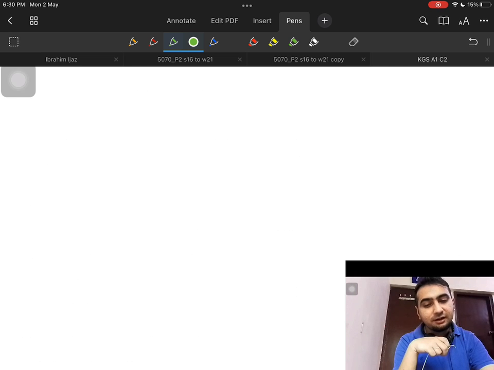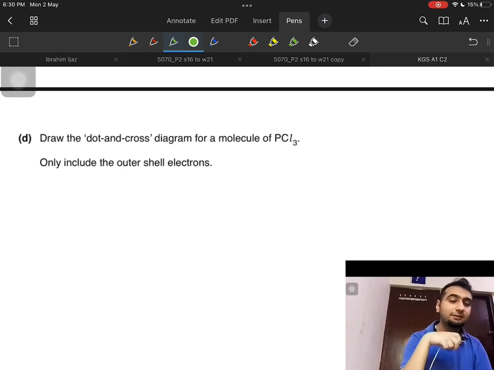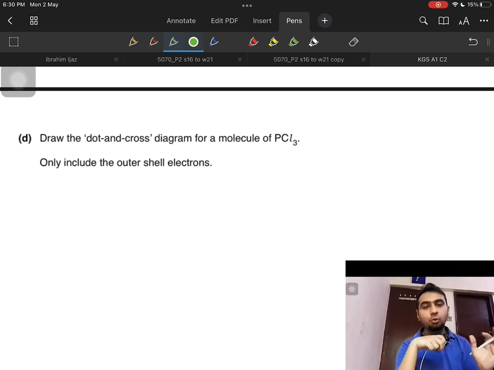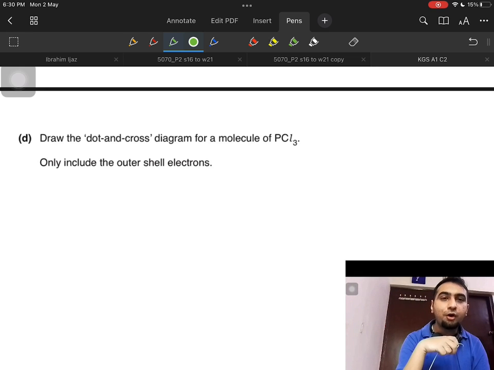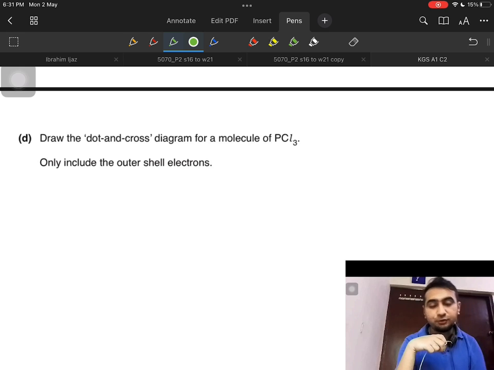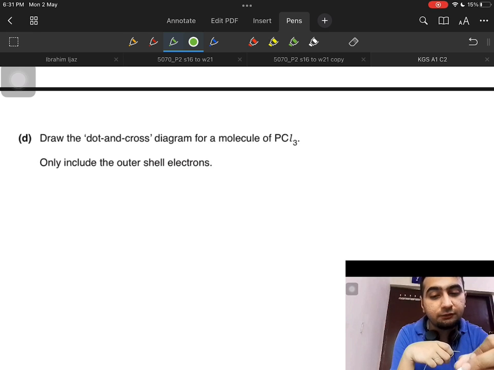Another question, for example, dot and cross diagrams. Dot and cross diagrams are really hard to check. A lot of people do it right, but there's one mistake that makes them lose 1 mark out of 2 or 3. For example, let me draw it.